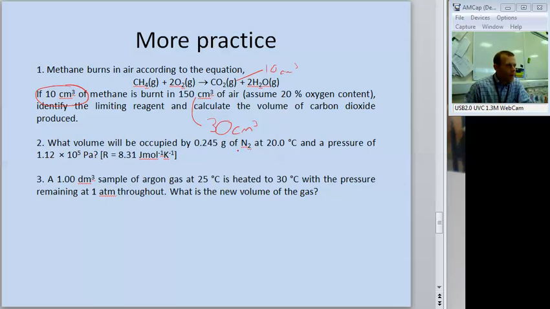What volume will be occupied by that much nitrogen? Right, so this is a PV equals nRT question. PV equals nRT. So our pressure, 1.12 times 10 to the 5, times volume, don't know.